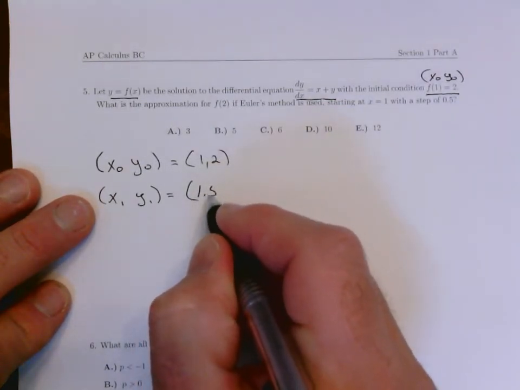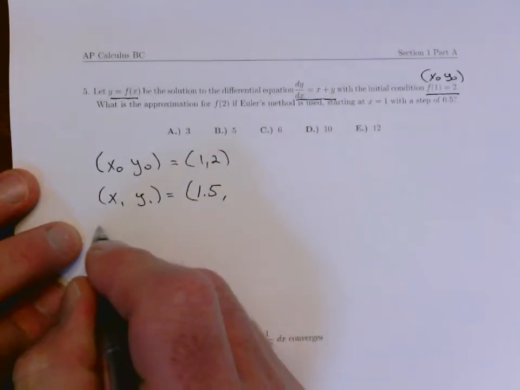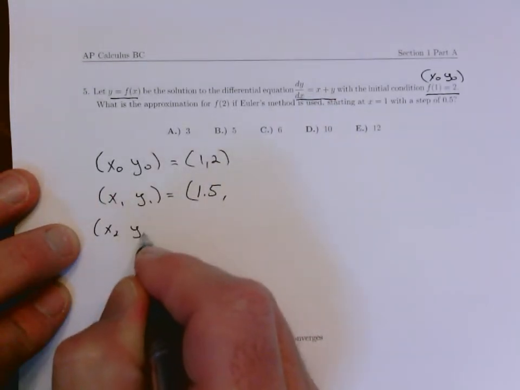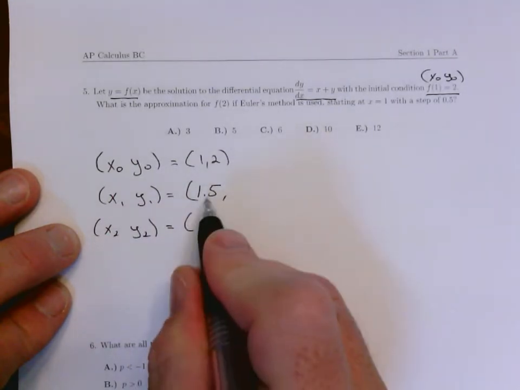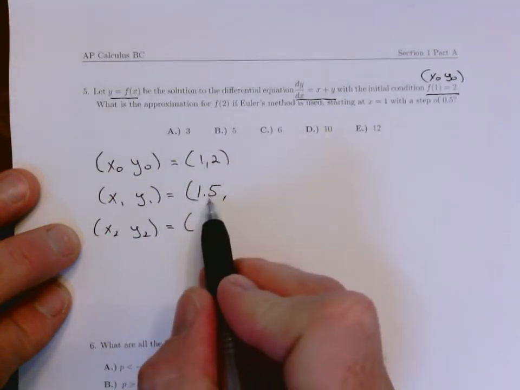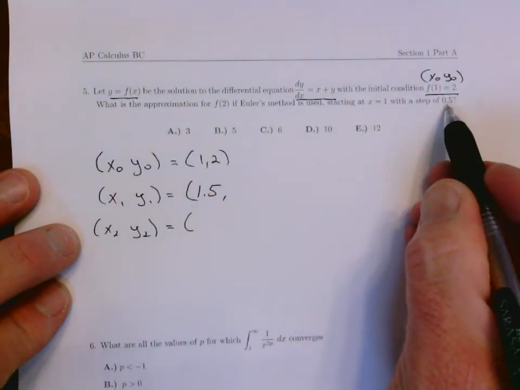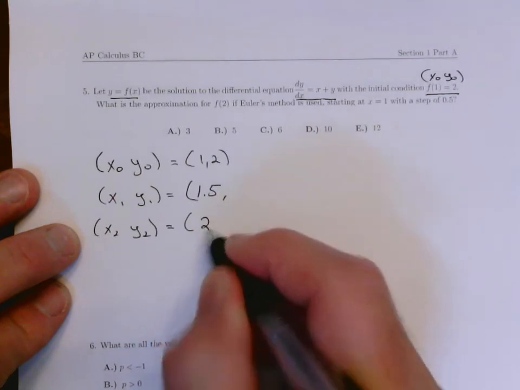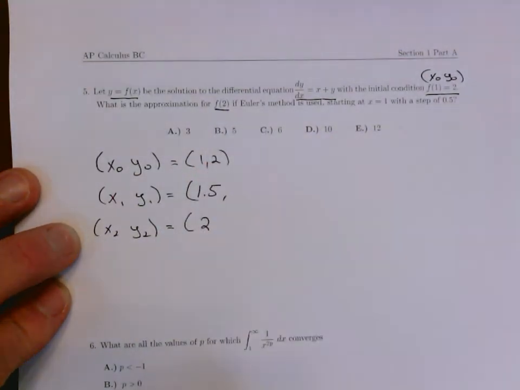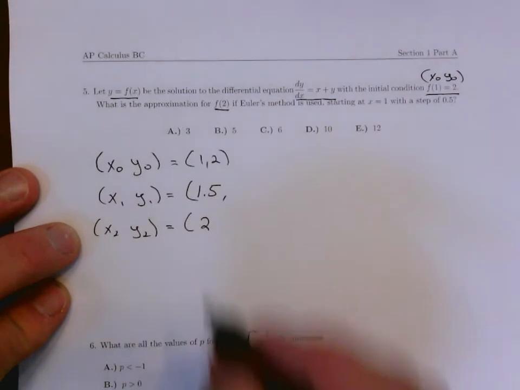So this is going to be 1.5, comma, and then I have x2, y2, and the x value, you go back to the prior x value and add on the step. So 1.5 plus 0.5 gives me 2, and that is where I wanted to go. I don't need to go any further than that.